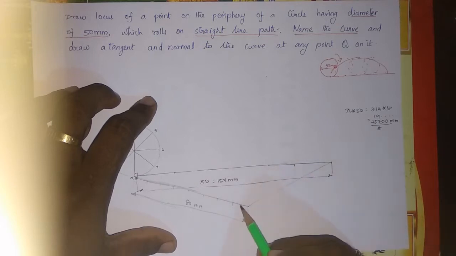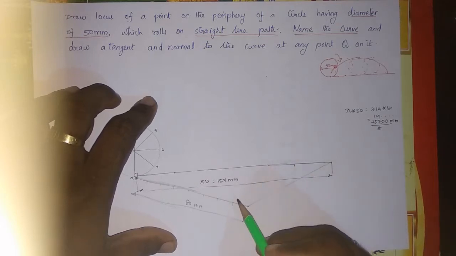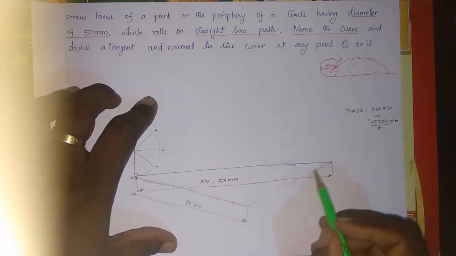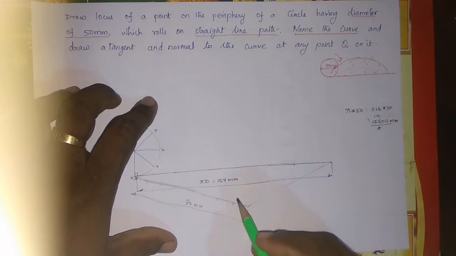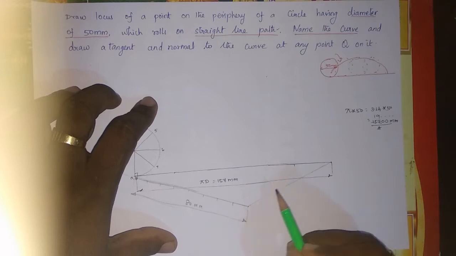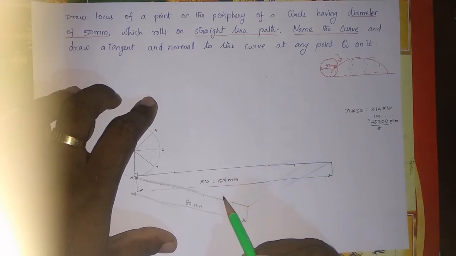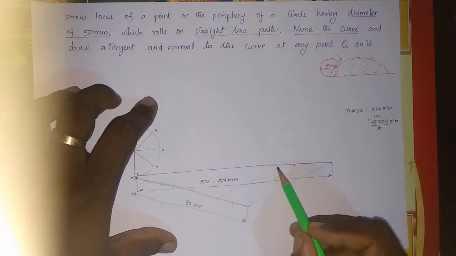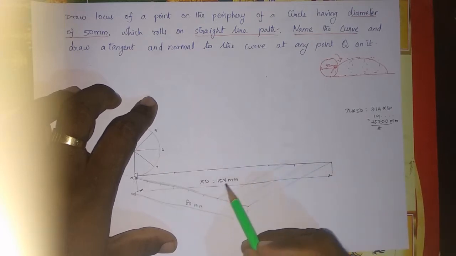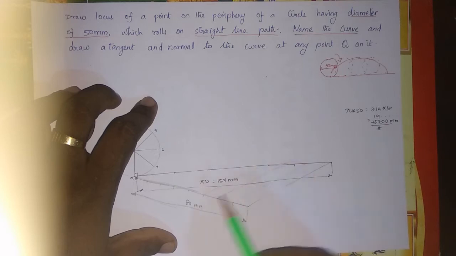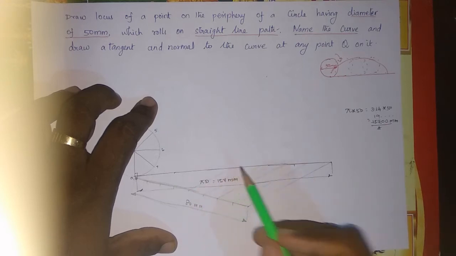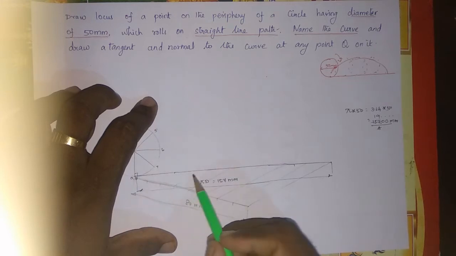Now join these two ends, and draw parallel lines to this line from each and every point. For this you can use the mini drafter, which makes it easy to draw parallel lines, so there is no need to set it each and every time.